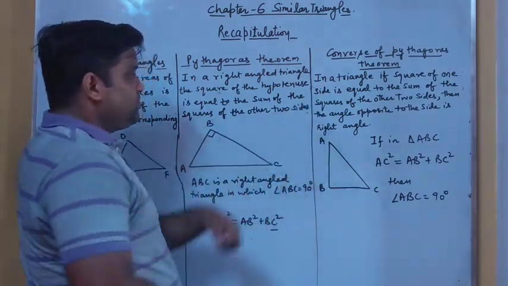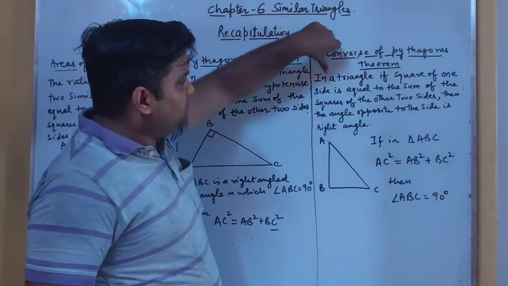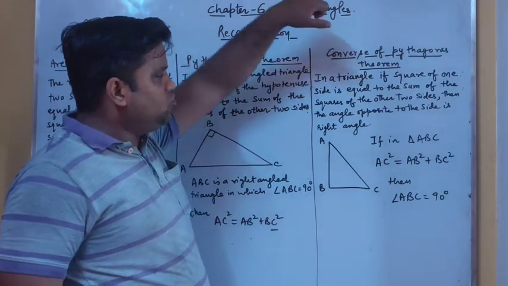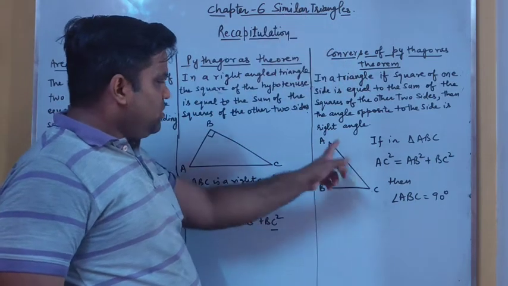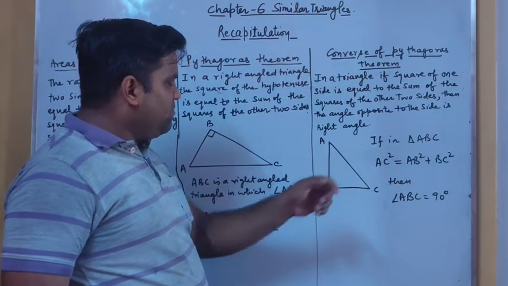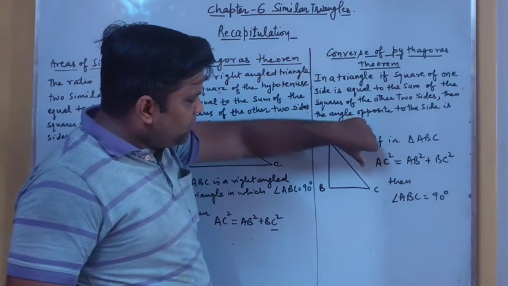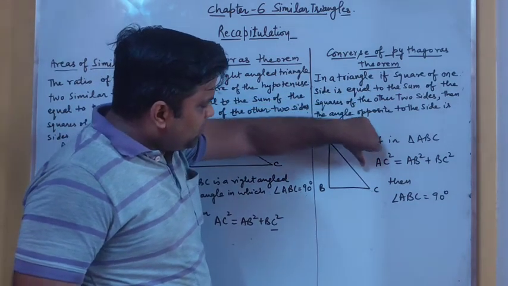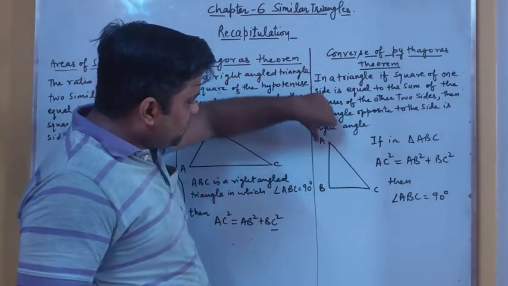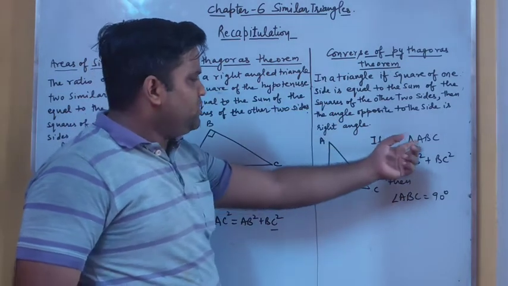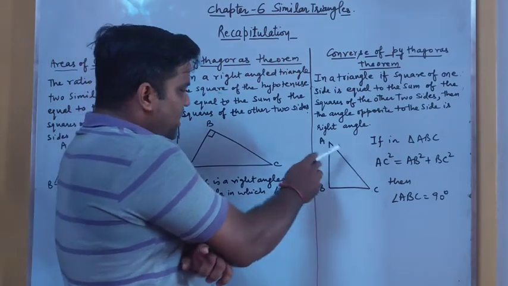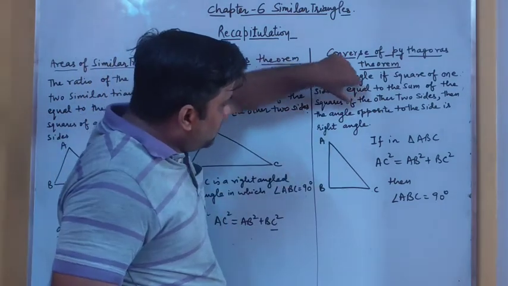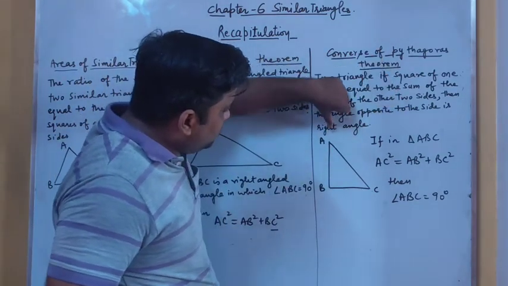Now let us come to the converse of the Pythagoras theorem. According to the statement, in a triangle, if the square of one side is equal to the sum of the squares of the other two sides, then the angle opposite to that side is a right angle. It means that if in triangle ABC, AC square is equal to AB square plus BC square, which is given, then the angle opposite to that side is a right angle.